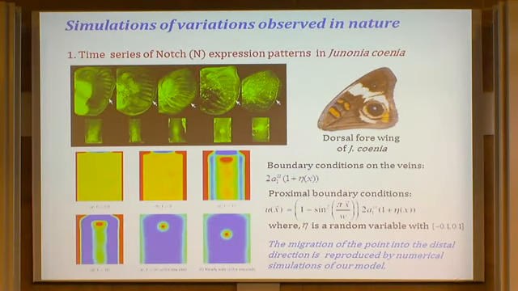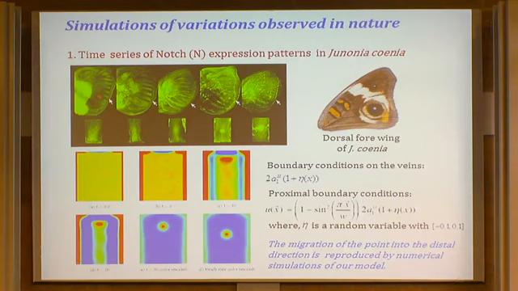Here, we show some variation observed in nature. The first one is a time series. This is Notch expression in Junonia coenia. This is the adult. We can see the process. This white arrow indicates a part of the wing cell.